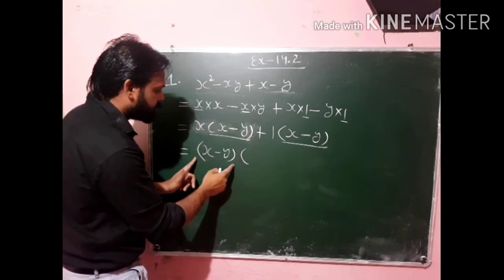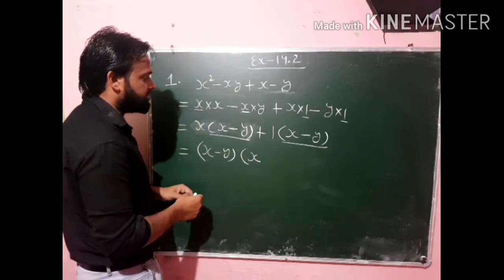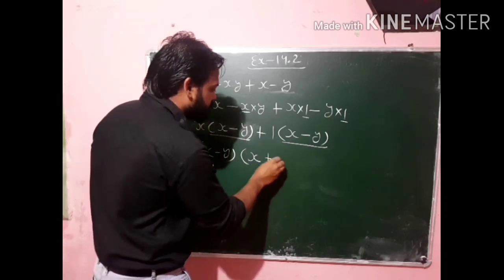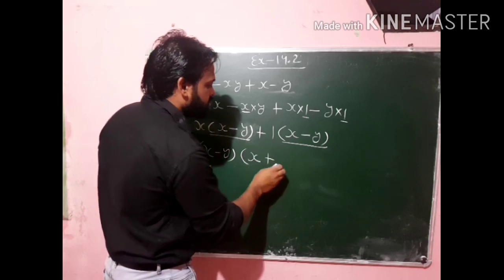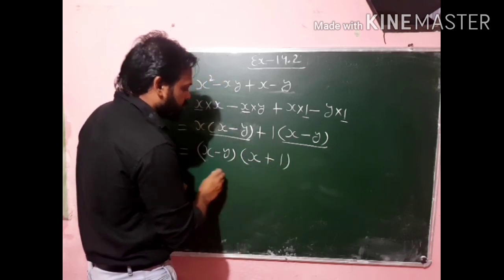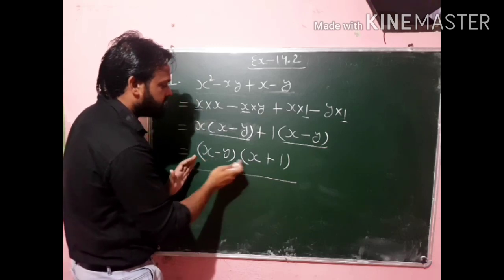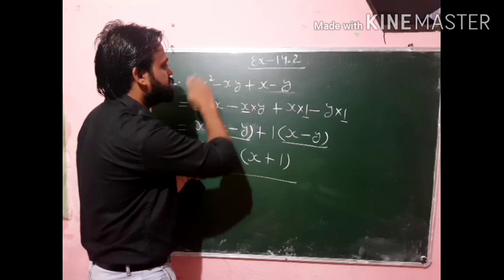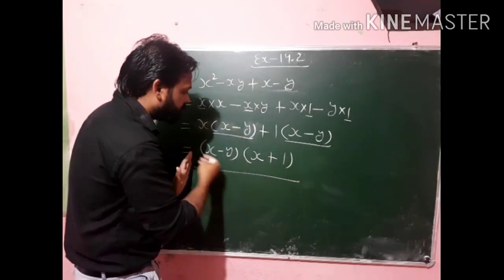As I had taken this x minus y common, x is left inside the bracket because only x is left in the first term, and then plus sign as it is, and I had also taken x minus y common from this term, so 1 is left here. So this is the answer. These are the two factors we got, which are the factors of this algebraic expression. So while solving these kinds of sums, we get the answer like this.